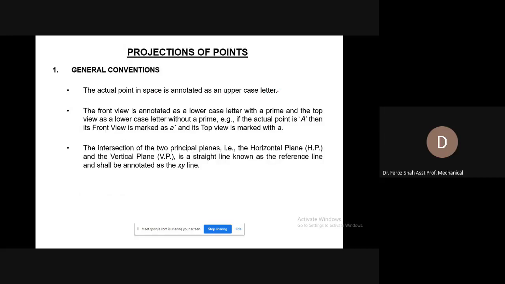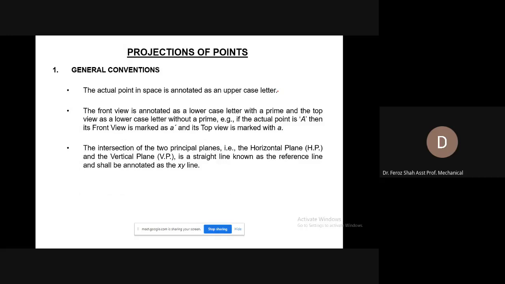So, like any geometrical entity, it would carry its own name. For example, a line would carry its own name, for example, line AB, line BC, line CD, etc., or other geometrical shapes, for example, rectangle ABCD.